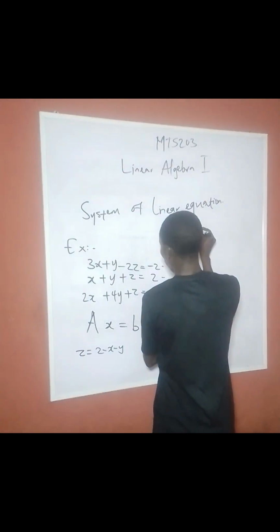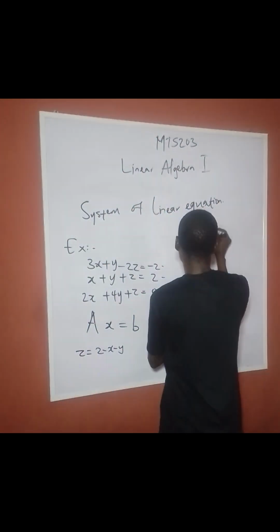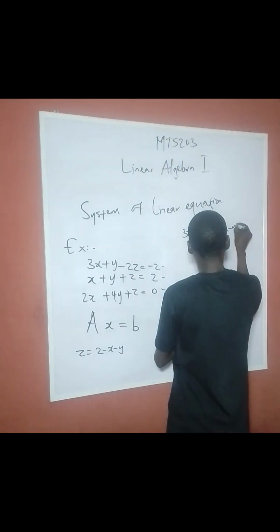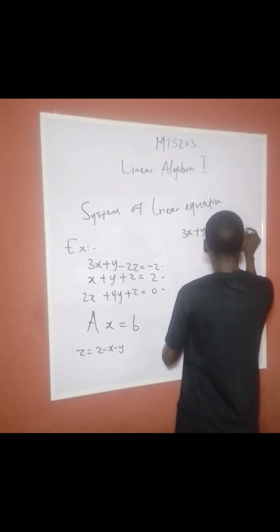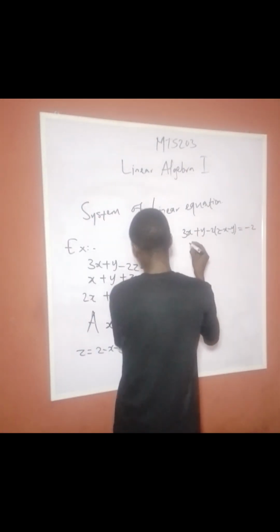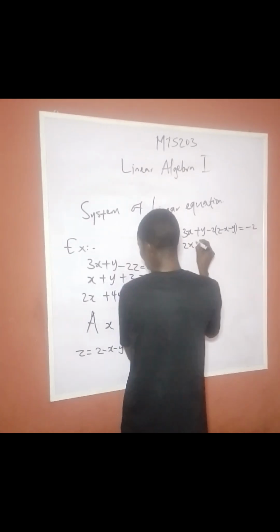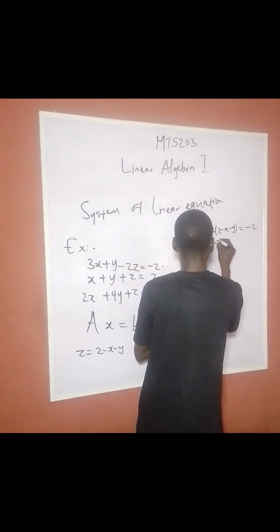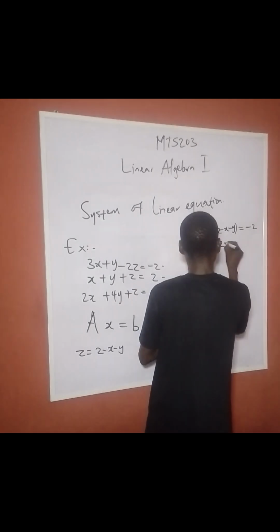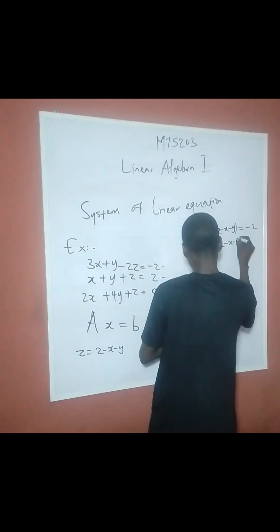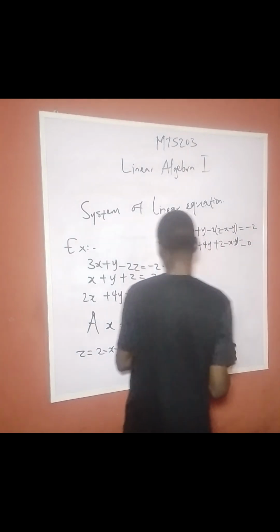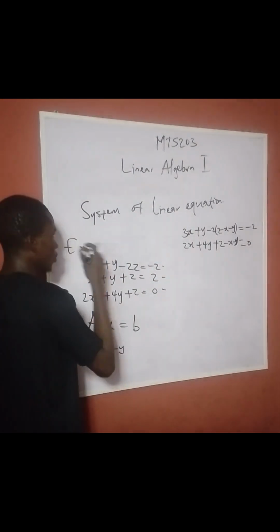3x plus y minus 2 in bracket 2 minus x minus y equals minus 2, and also 2x plus 4y plus 2 minus x minus y equals 0. Okay, let me open the bracket.